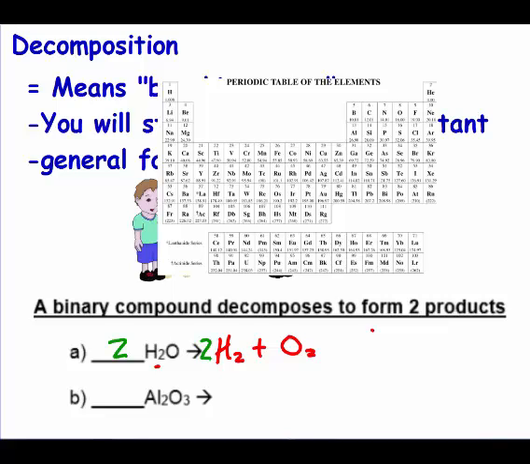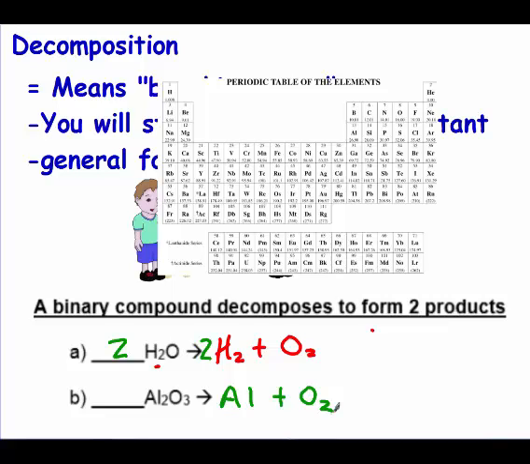Aluminum oxide is made up of aluminum and oxygen. Aluminum is not diatomic, so it does not get a number on the bottom, but oxygen is diatomic, so we put the 2 there. Do not just break it apart and say Al2 plus O3. That will be incorrect. You will get no points for that.